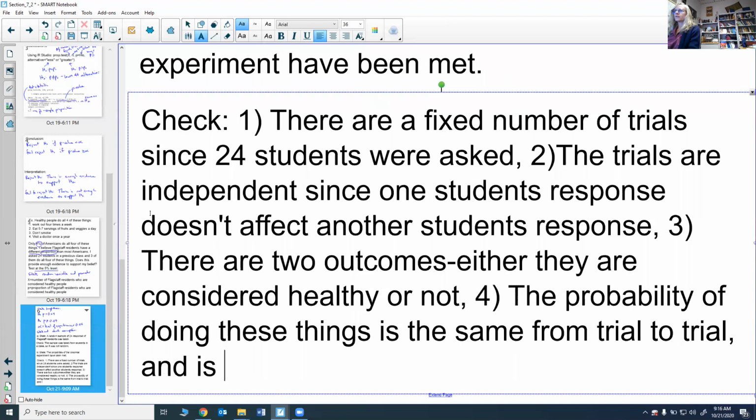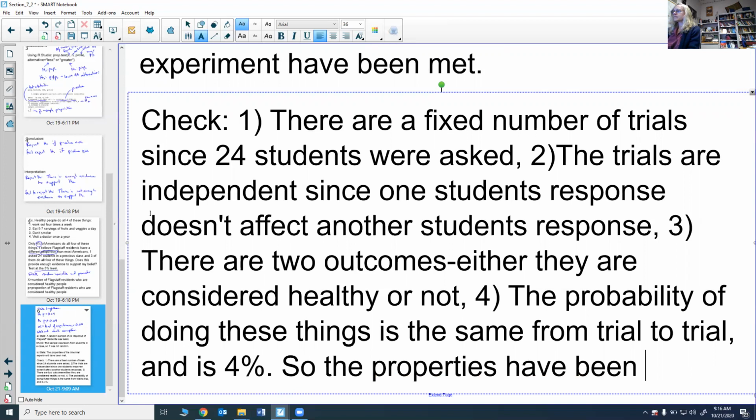And is that 4%. So now we can say the properties have been met. All right, cool.